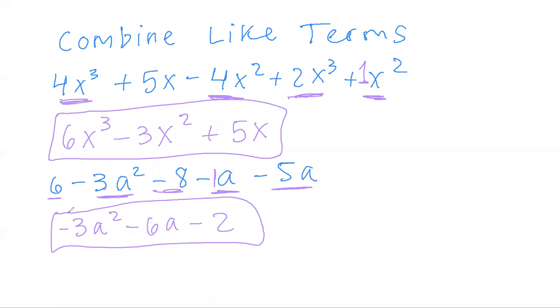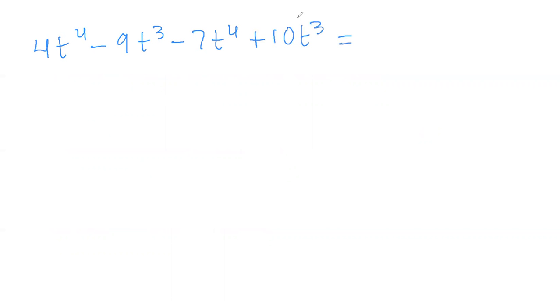Okay, let's do a couple more of combining like terms. So if I had 4t to the fourth minus 9t cubed minus 7t to the fourth plus 10t cubed.